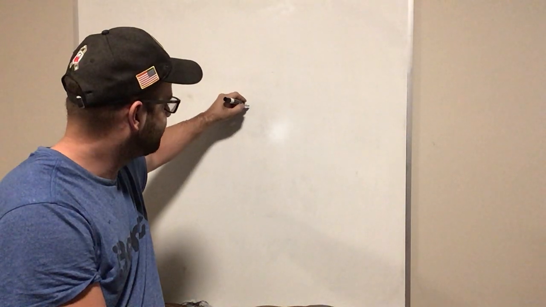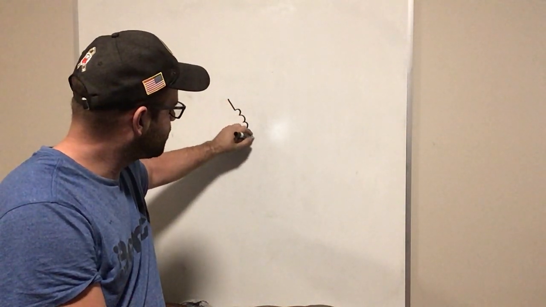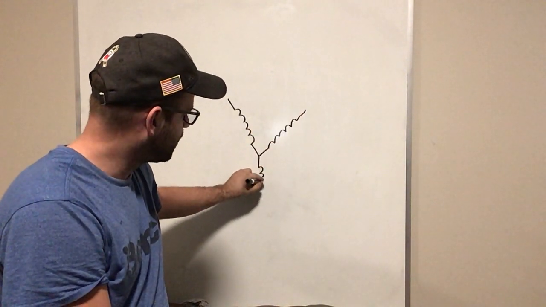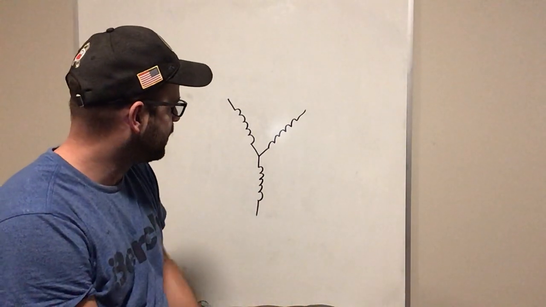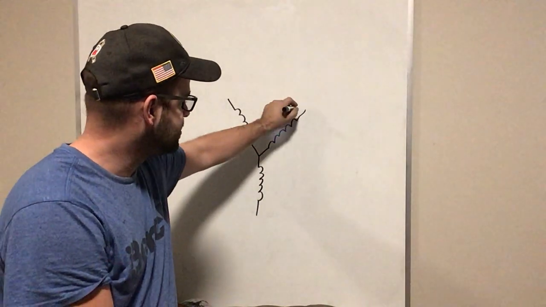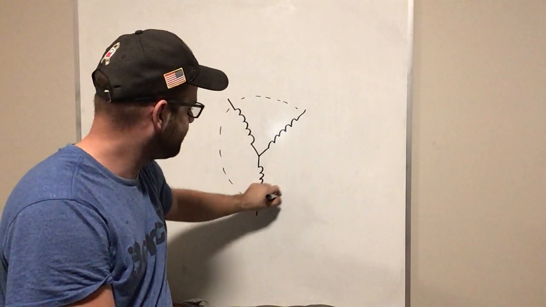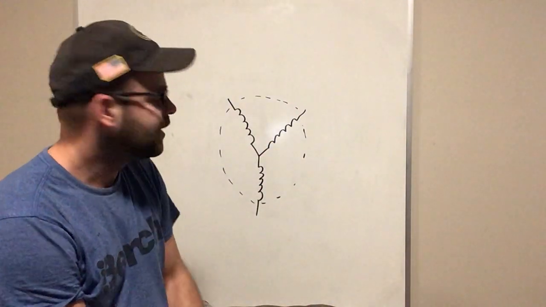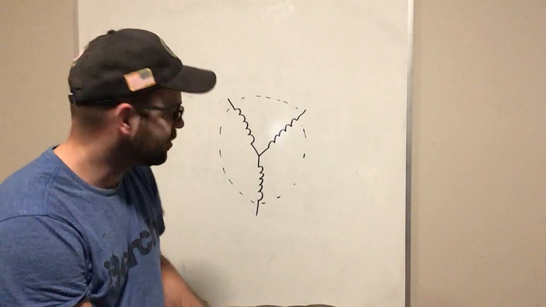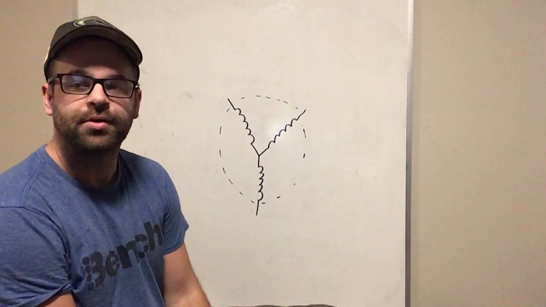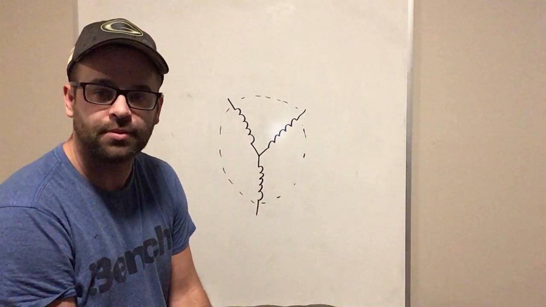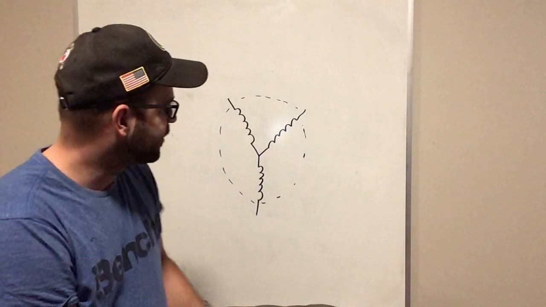There will either be a Y configuration, which is going to look like that, and the way it looks here, this could be a three-phase alternator producing that voltage, or it could be a three-phase transformer, so there'd be three individual transformers producing the voltage that you'd be using, or that can even be how a three-phase load ends up looking in a circuit.